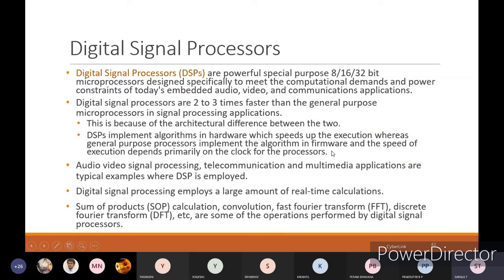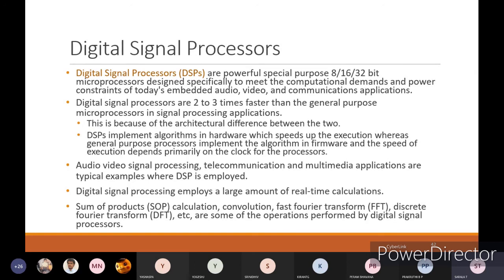As I told you, you can see the difference here, where the DSP runs the algorithms in hardware. Whatever algorithms are there for processing the signals, you run them in hardware because you have the processing hardware with your digital signal processor.